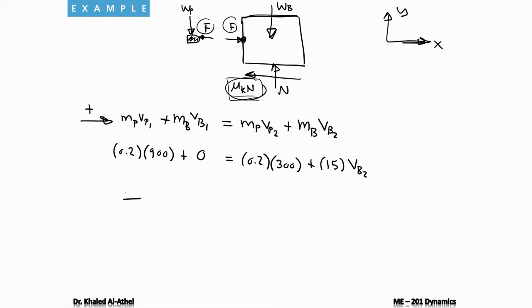So if I solve this equation, it will give me that velocity of the block should equal 8 meters per second to the right.